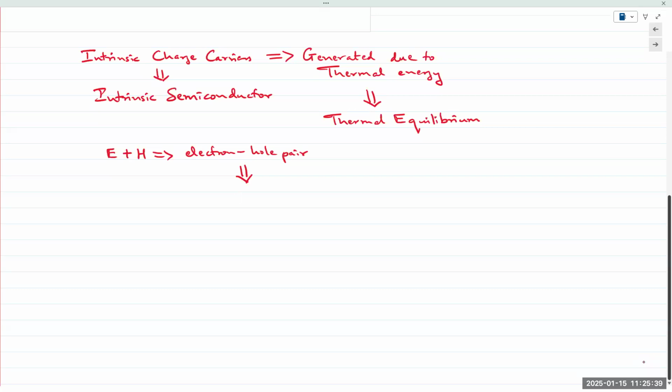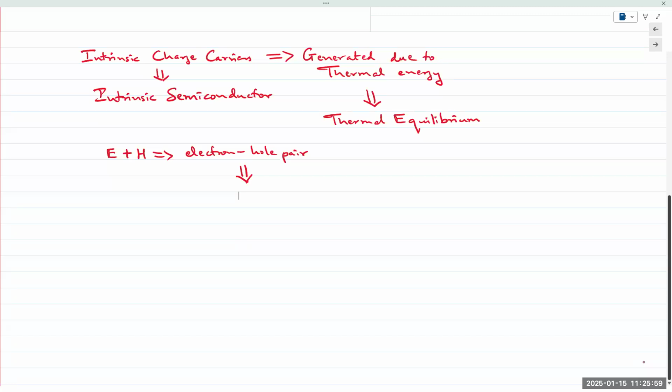The process is known as recombination. And when that happens, one negative charge is out and a positive charge is out. So you lose charges. So an electron hole pair is now taken out of the structure.